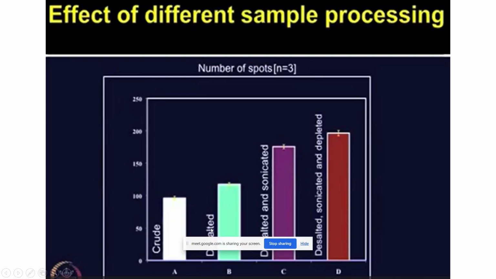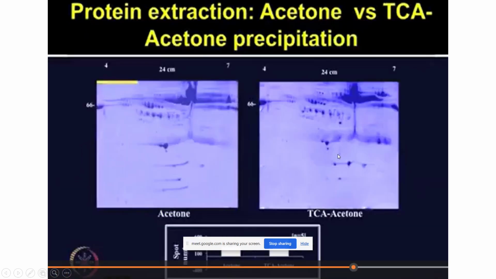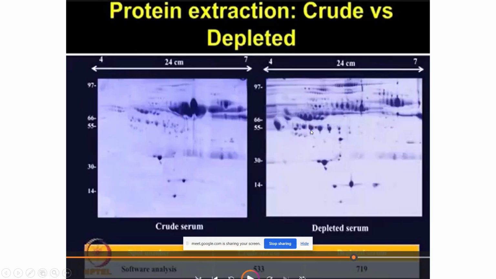If you add multiple steps and do good pre-processing, the number of proteins visualized will be higher. Then there were these differences I was talking about: by changing the pre-processing, we get a different kind of separation, as with crude serum and depleted serum.